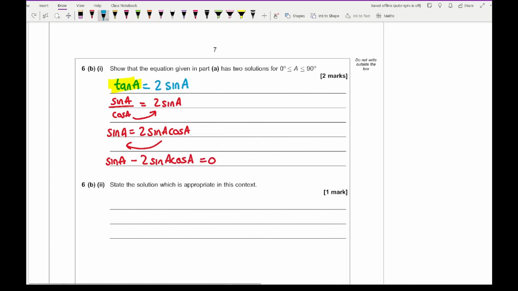Then I can factorize. So I've got sine A times 1 minus 2 cos A equals 0. So either sine A equals 0 or 1 minus 2 cos A equals 0.